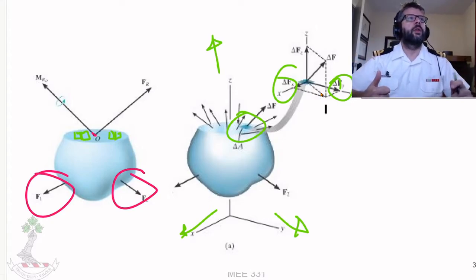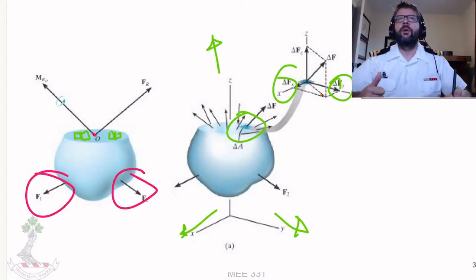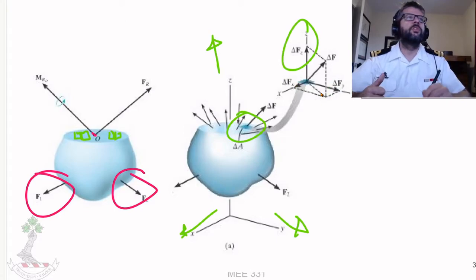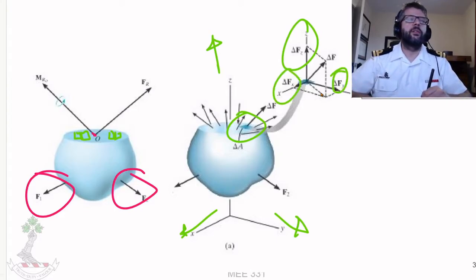So those are going to be perpendicular to the cut that was made. Or put another way, the z forces are normal to the face, whereas these are parallel to the face.